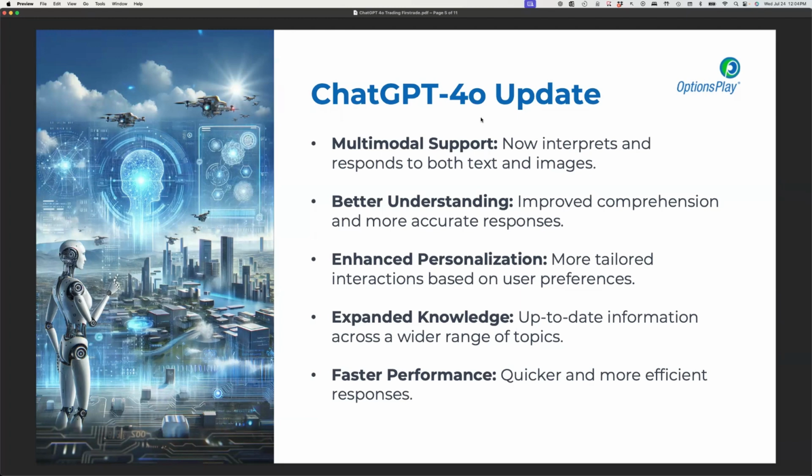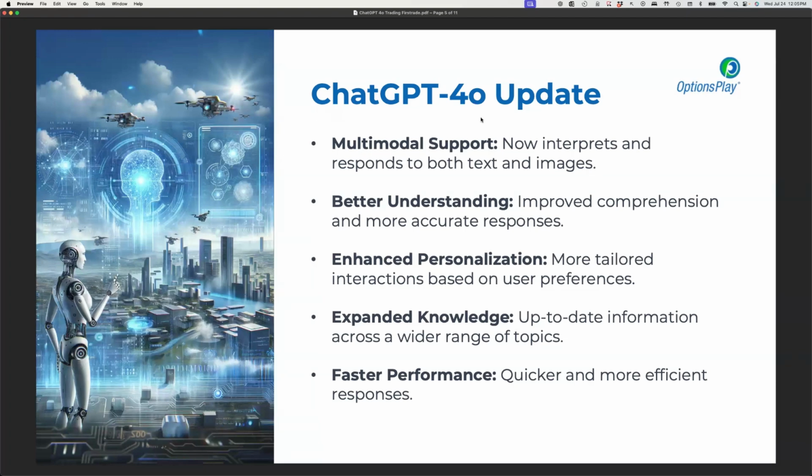Previously, if you were to upload an image, what ChatGPT would do is convert that image into text, enter that text into ChatGPT, and then you would get text back out. But now it truly interprets text, images, videos, and can also spit back things out in text and images and charts and things like that.